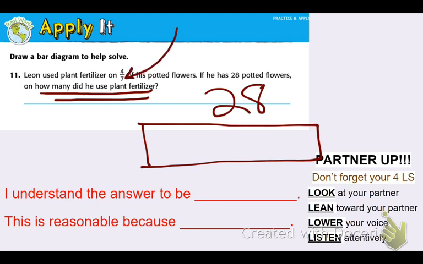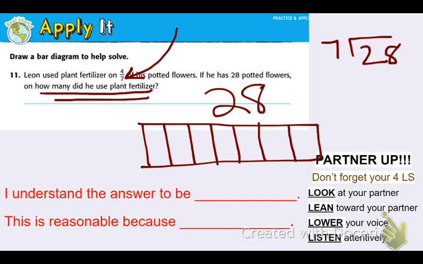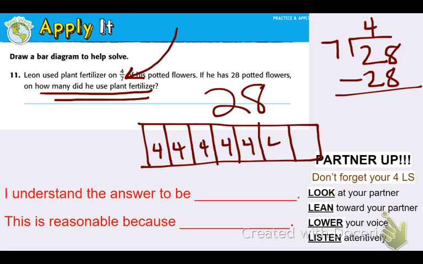Okay, and then we're going to break that up. That denominator tells me that he broke it into 7 equal parts, or 7 pieces in the whole. 4, 5, 6, 7. I need to figure out how many times will 7 divide into 28. Well, 7 times 4 is 28. So I can go ahead and put 4, 8, 12, 16, 20, 24, 28.